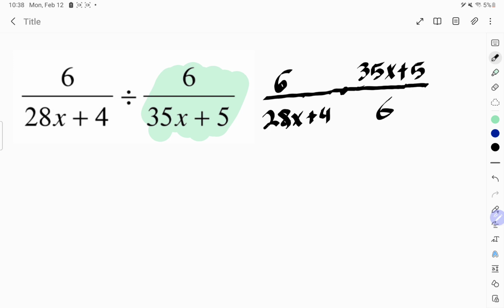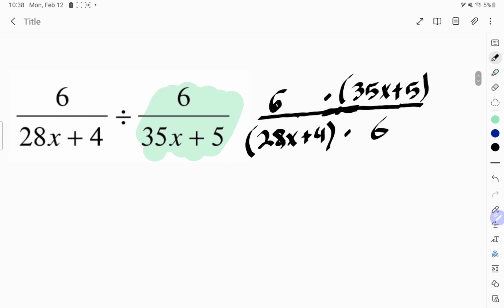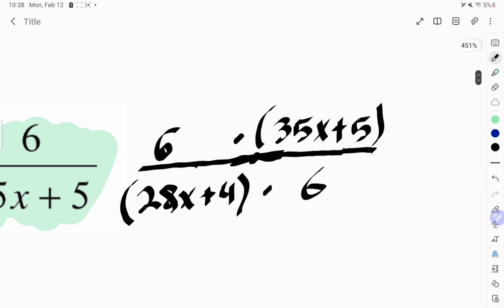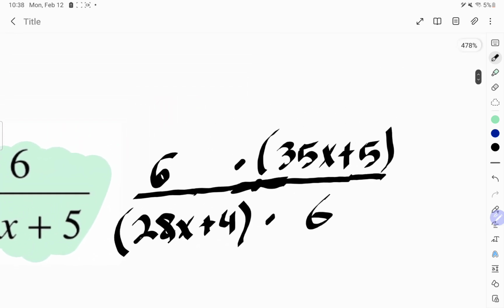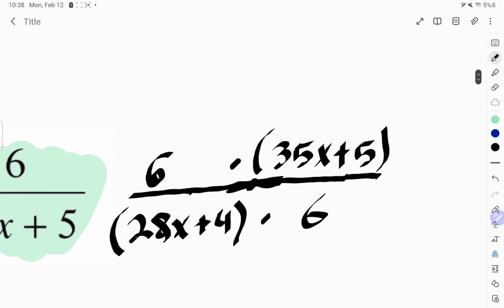Step number 2, do a big fraction. So I'm going to combine my fractions, put times here, and parentheses on my binomials, because most likely I'm going to have to simplify those. Let's do the top one first. 35 and 5 are both divisible by 5.